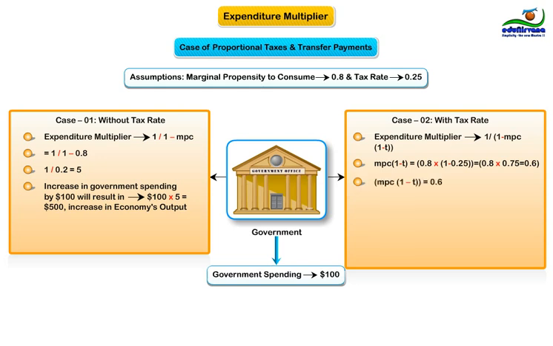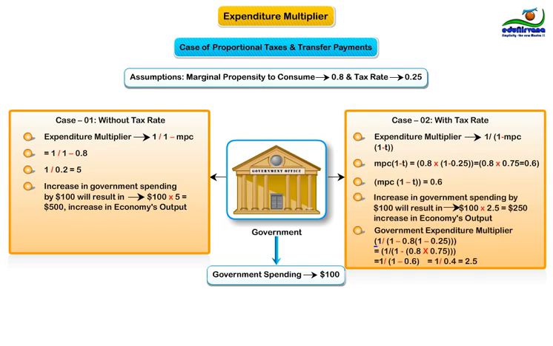The government expenditure multiplier will be 1 divided by (1 - 0.8 × (1 - 0.25)). That is 1 divided by (1 - 0.8 × 0.75). That is 1 divided by (1 - 0.6). That is 1 divided by 0.4, which results in 2.5, which is smaller than that obtained in the earlier case.